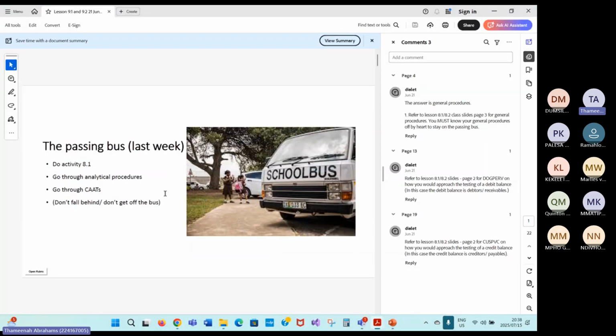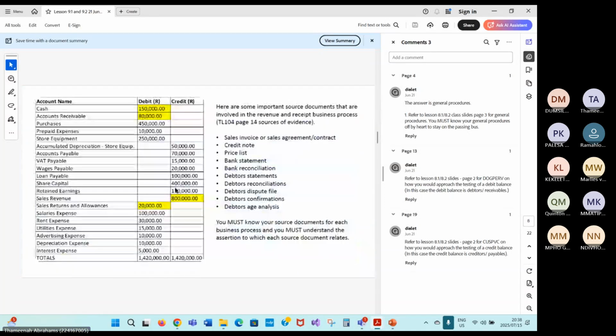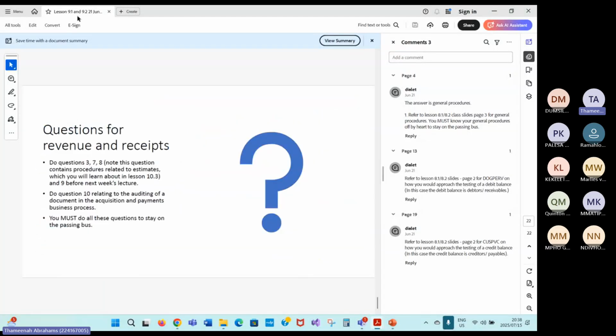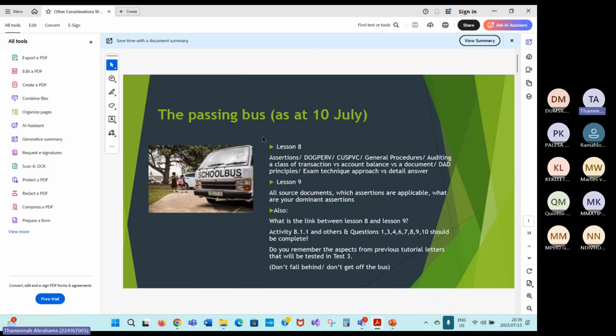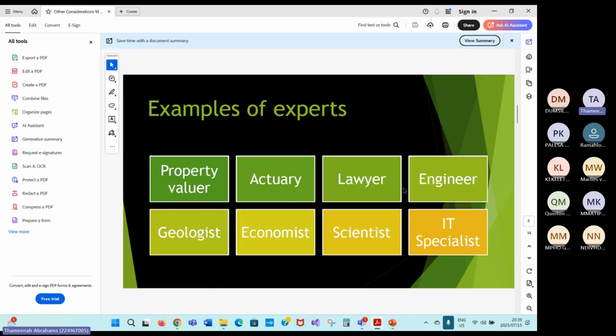They were speaking about activity 9.1 and I think 9.2, if I'm not mistaken. Yeah, 9.2. And here they said questions to work through, which were questions 3, 7, 8 and 10. And then this was also another one of them. This was the considerations we discussed now, 10.1 and 10.2.